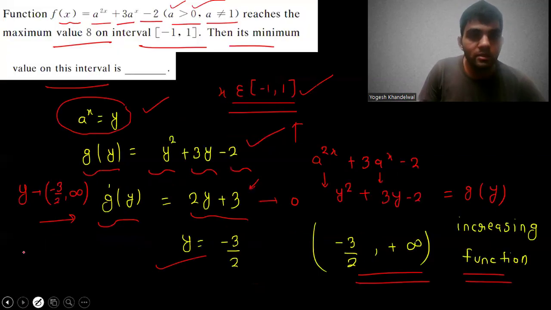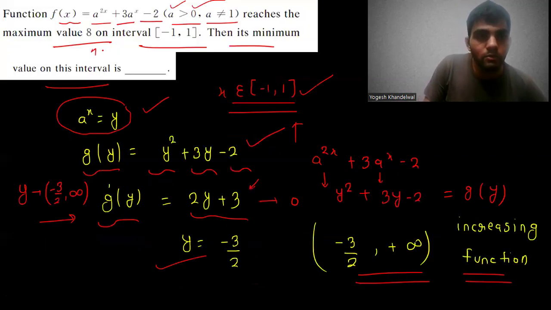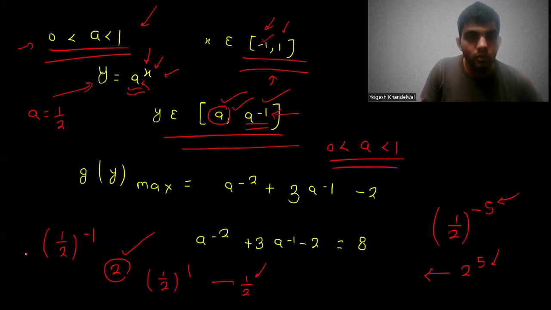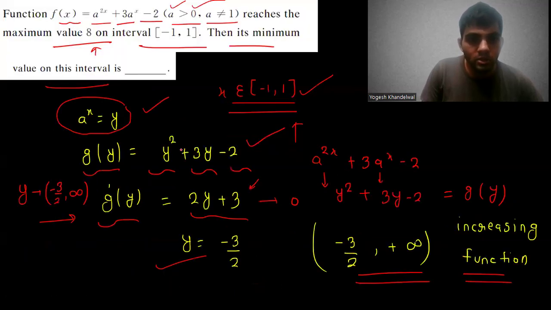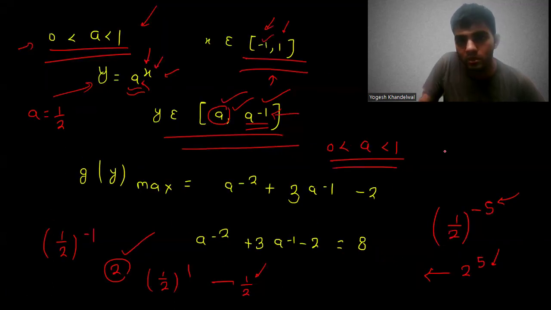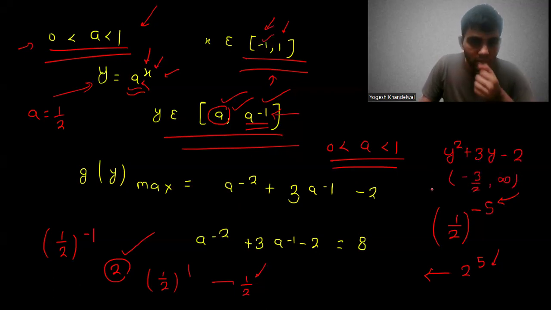Now the problem says that the maximum value is 8, and we know that this function y square plus 3y minus 2 is an increasing function in the range minus 3 by 2 to infinity.